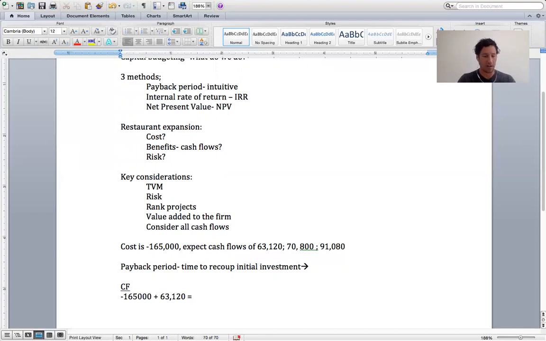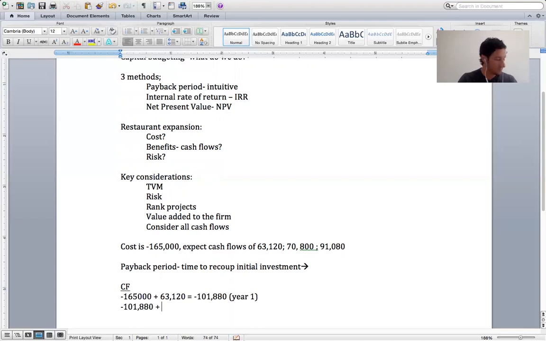So we're still in the negative, right? We would be at negative 101,880. Okay, and that's year one. So it's been 1 year. We've recouped 63,120 of our investment. All right, so now at year two, we're in the hole 101,880.